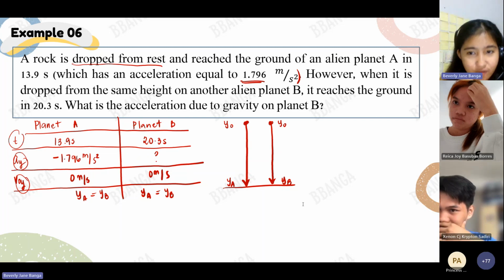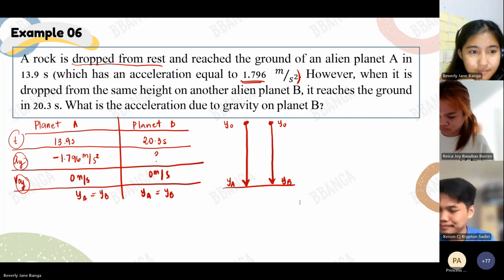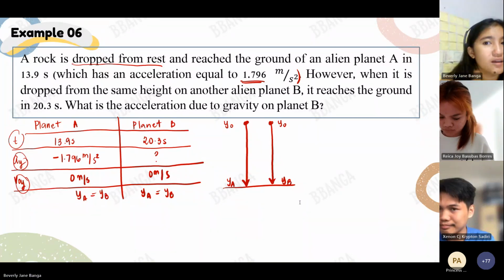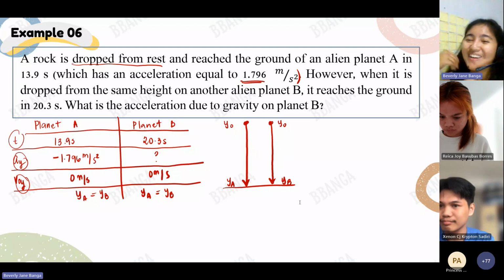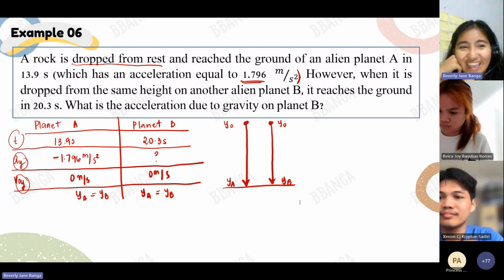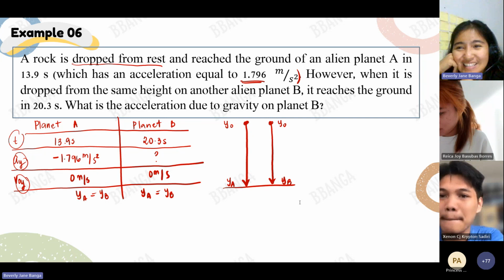Negative 1.23 for Mr. Avelino. Wala na? Negative, wow, magkakaiba kayo ng sagot. Negative 0.842 meter per second squared.